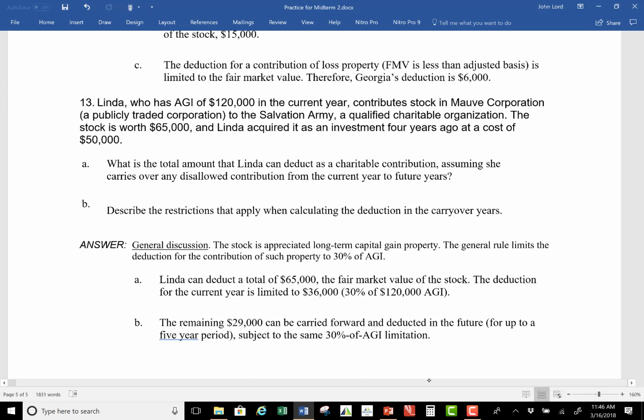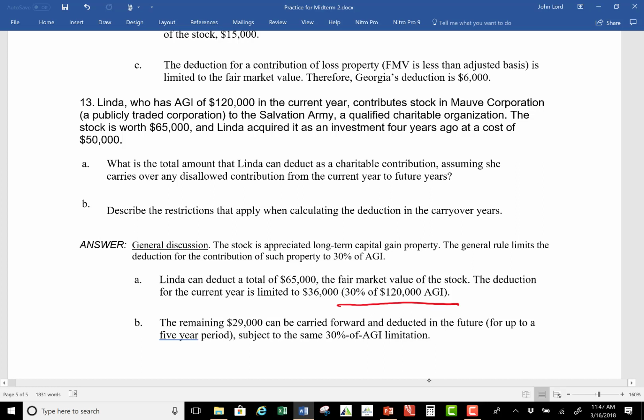This stock is worth 65,000, and Linda acquired it as an investment 4 years ago at a cost of 50,000. What is the total amount Linda can deduct as a charitable contribution, assuming she carries over any disallowed contribution from the current year to future years? Well, you can see right here, guys, she is limited to 30% of her AGI for capital gain, right?